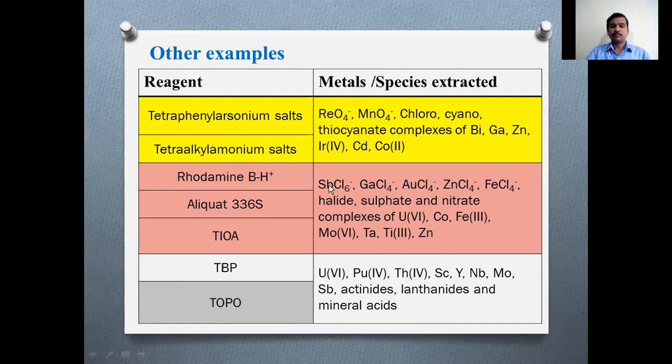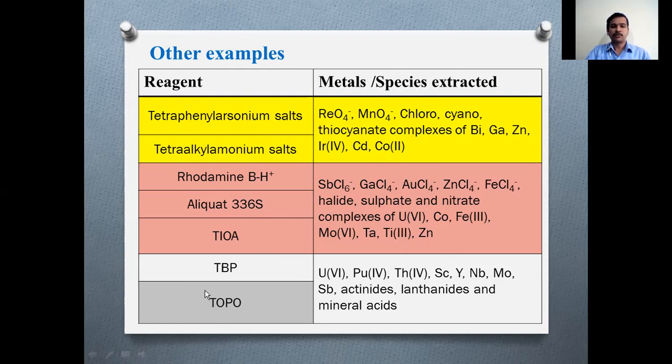So these are some examples in which we treat the analyte with suitable reagents. In the case of TBP and TOPO, direct solvation of the metals takes place, so extraction is possible. Here we will use a suitable organic solvent in order to extract any of these metals or analytes if they are present in the sample system.